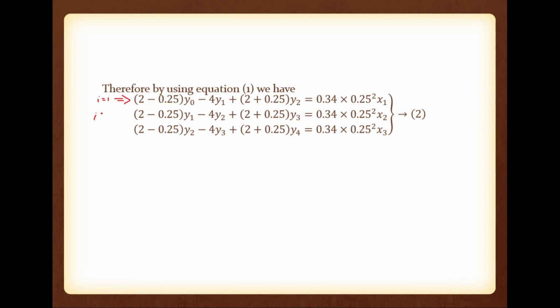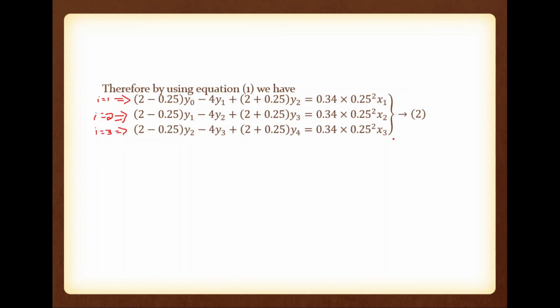Similarly, after substituting i equal to 2, we have (2 minus 0.25) into y1 minus 4y2 plus (2 plus 0.25) into y3 equal to 0.34 into 0.25 square x2. Similarly, after substituting i equal to 3, we have (2 minus 0.25) into y2 minus 4y3 plus (2 plus 0.25) into y4 equal to 0.34 into 0.25 square x3.